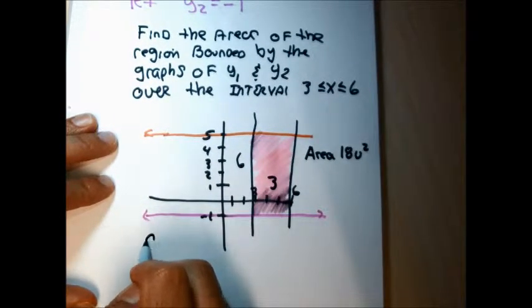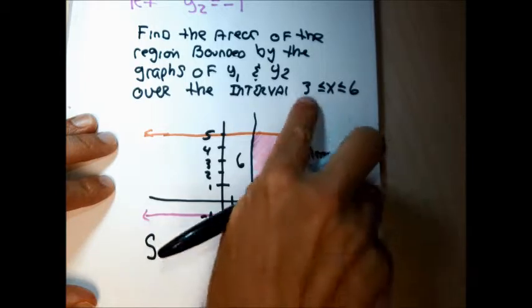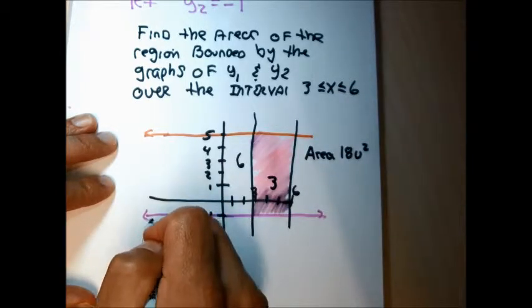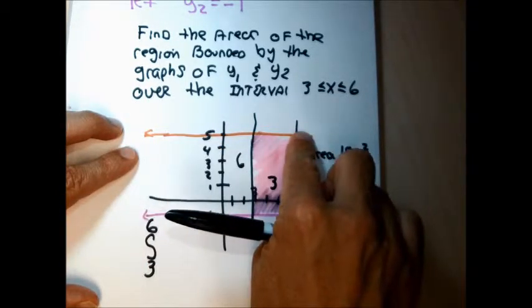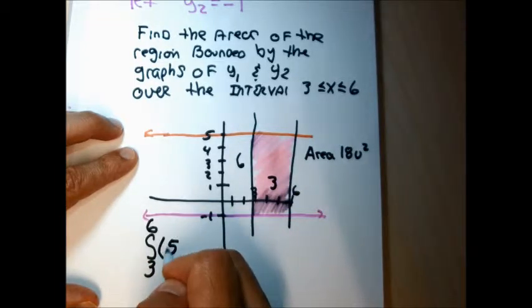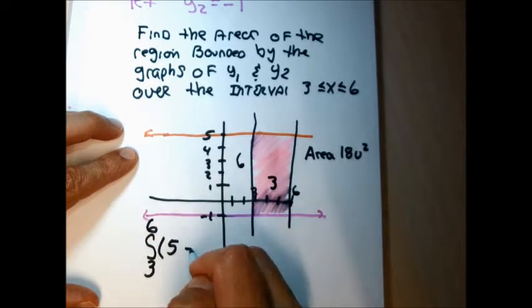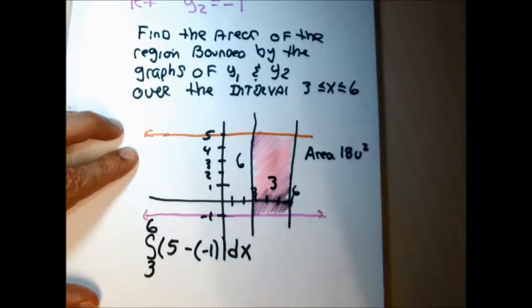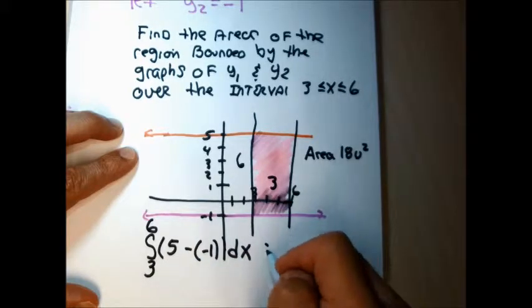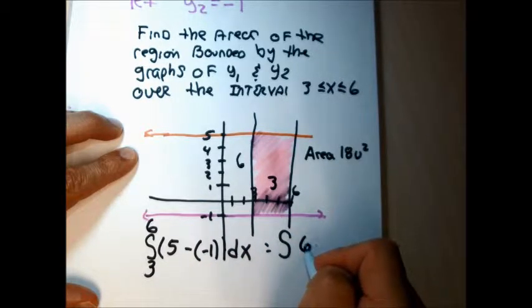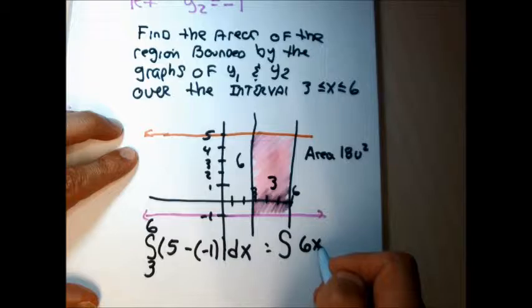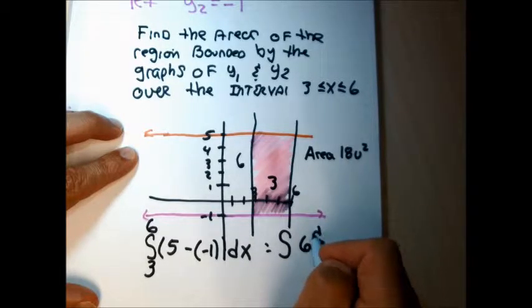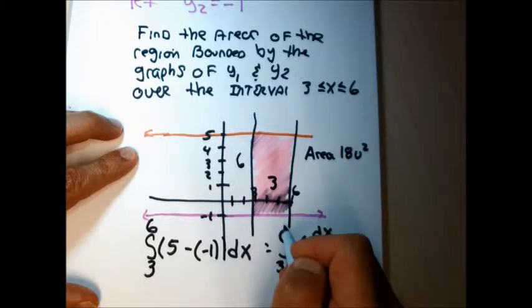I'm going to integrate from 3 to 6, the top function, which is 5, minus the bottom function, which is -1, dx. And let me simplify this. This double negative turns into a 5 plus 1, which gives me a 6 dx, evaluated from 3 to 6.